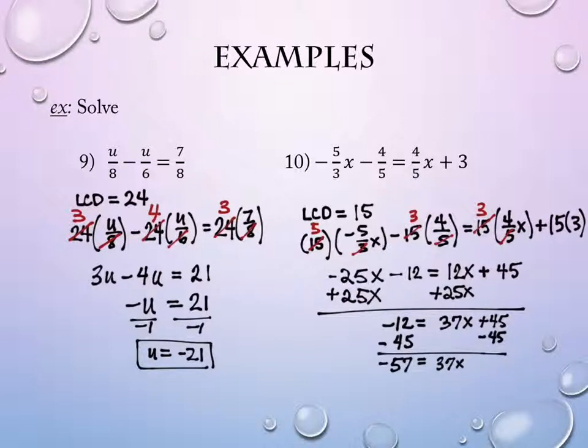Okay, and then what? Divide by 37. And as ugly as it is, that's it. It's negative 57 over 37.